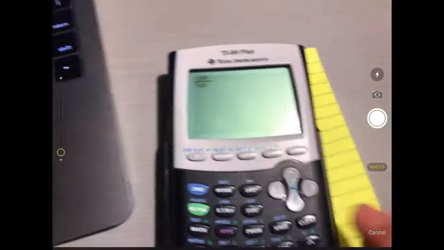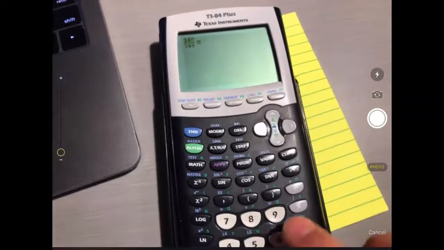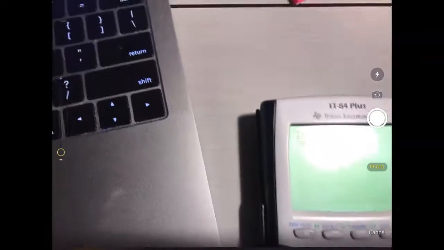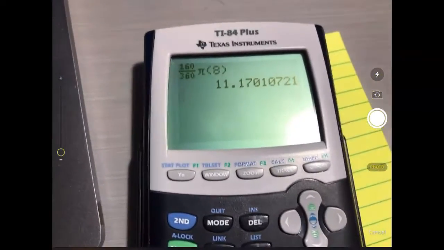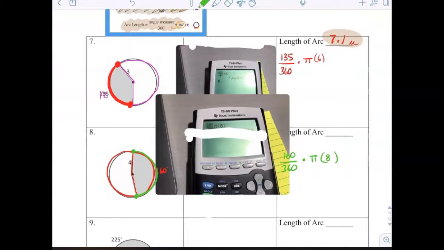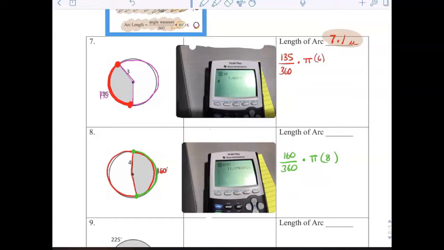And then I move over to the right and go pi times, the diameter was 8, remember. So 11.2. Round off to the nearest tenth, 11.2 units. And now the video will ask you another question.